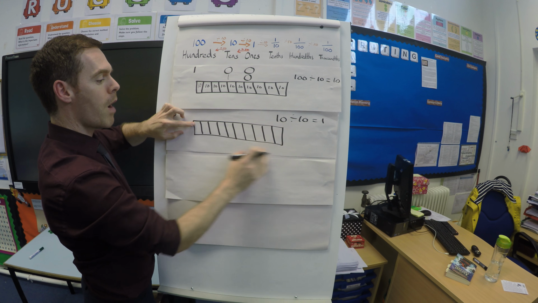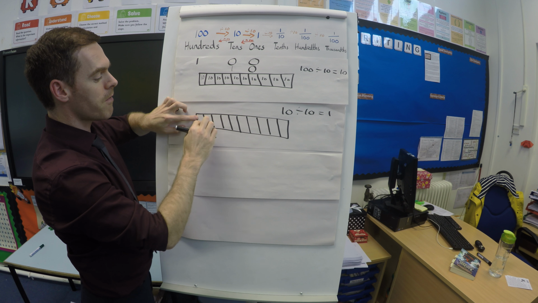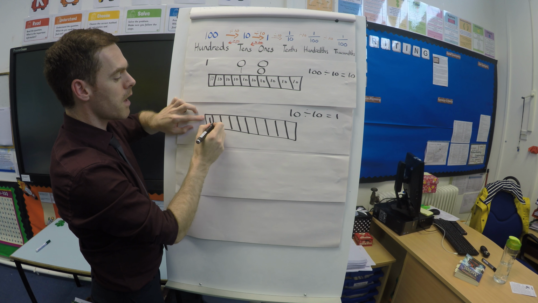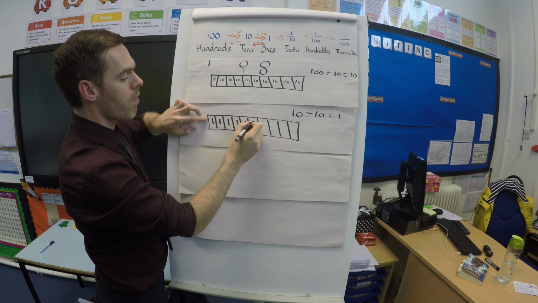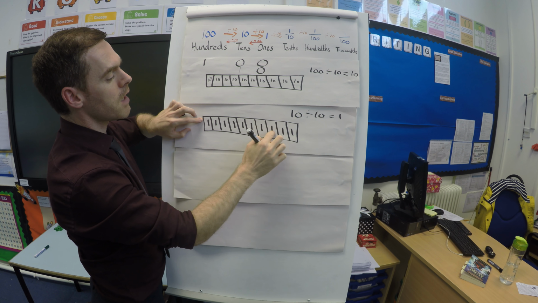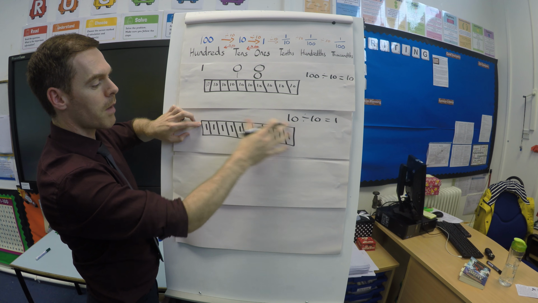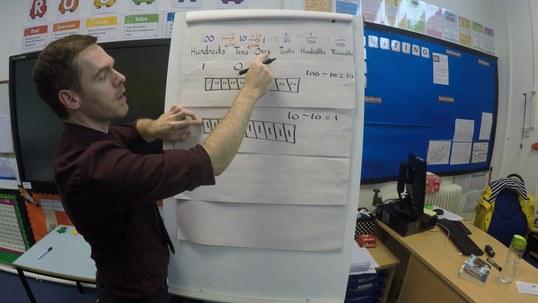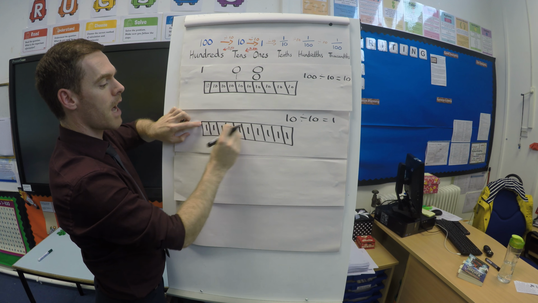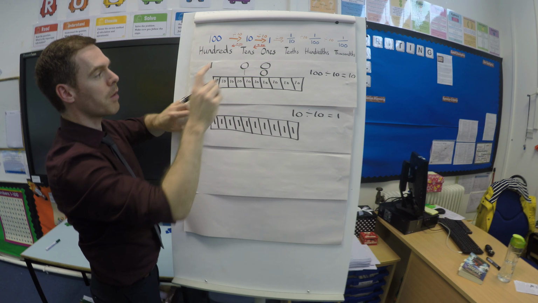My whole bar represents 10. I've divided it by 10 into 10 equal parts, and each part is going to equal 1. 1, 2, 3, 4, 5, 6, 7, 8, 9, 10. Okay? So my 10 ones, as we know, make 10. 10 divided into 10 equal parts, each part's going to be 1.